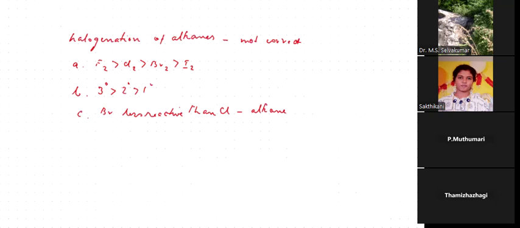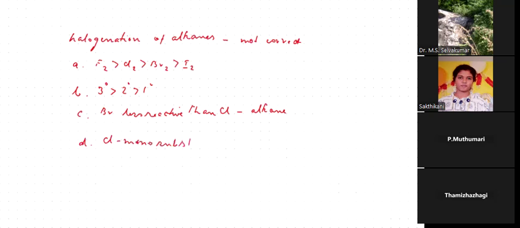And the fourth option, on chlorination, a monosubstituted product is formed, while on bromination, disubstituted products are formed. So if you take chlorine, you are getting a monosubstituted product, which means only one hydrogen is replaced.